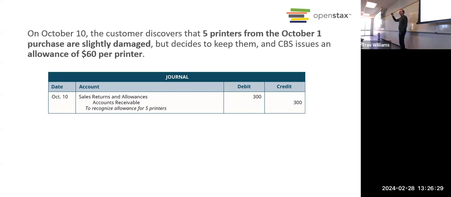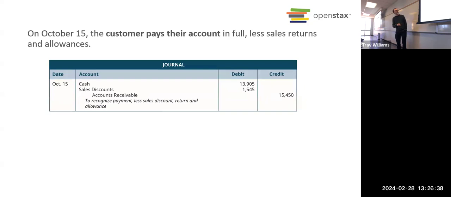So if you take the original amount that they owed, which was a debit to account receivable, and then you subtract any credits to account receivable, you end up with the remaining credit balance or remaining debit balance in accounts receivable, which gets credited off when they make their payment.